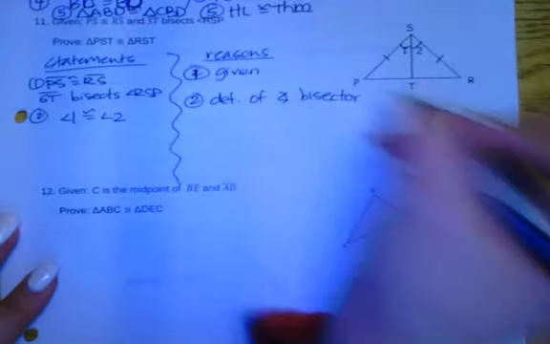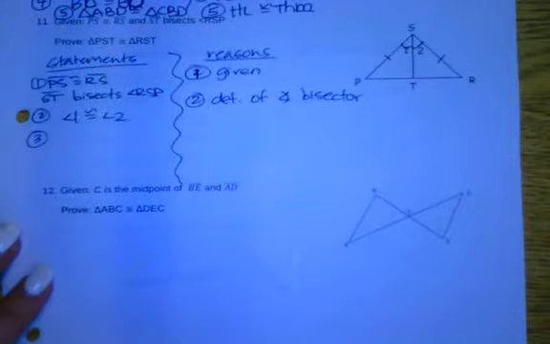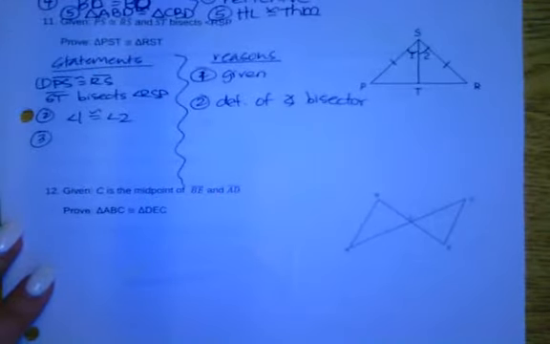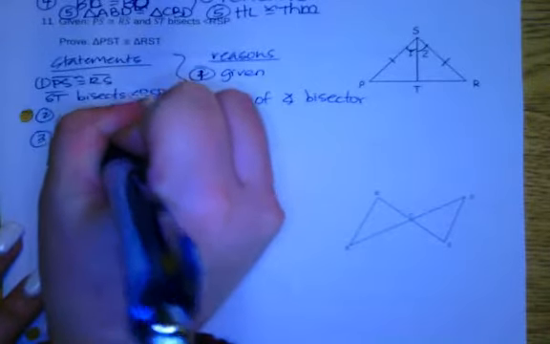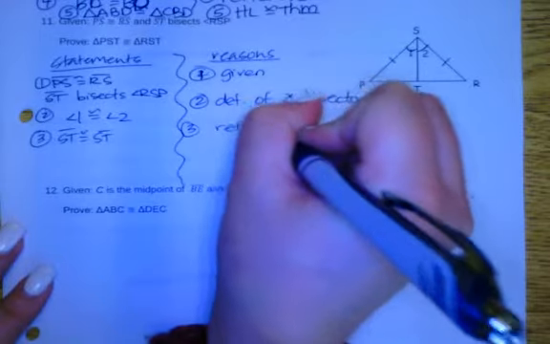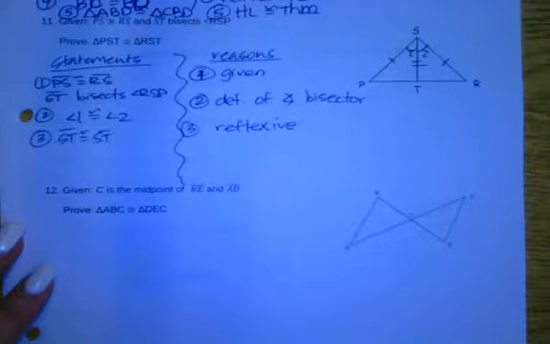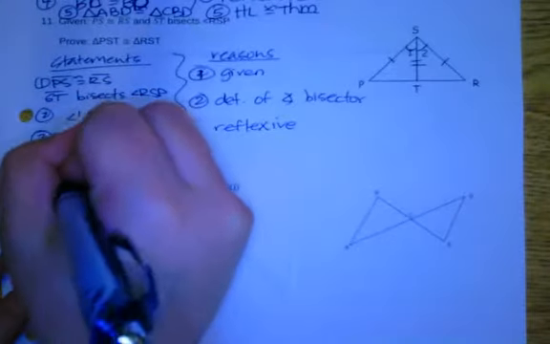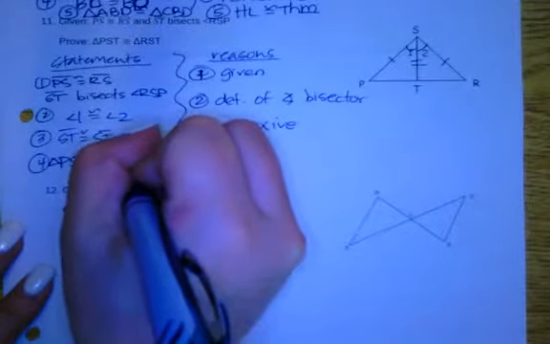ST is congruent to ST. Why is that? Reflexive. Then what? SAS. So once you have 3 things marked on your photo, that's when you're starting to look to see if you have any theorems.